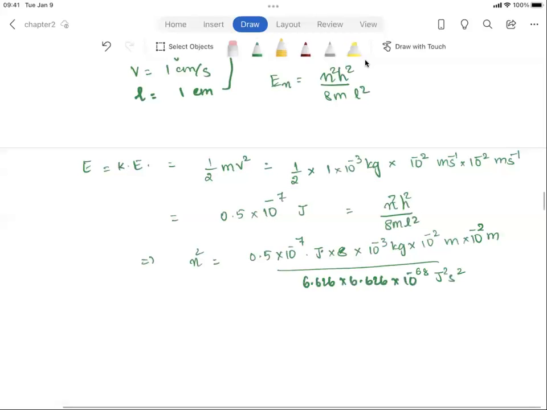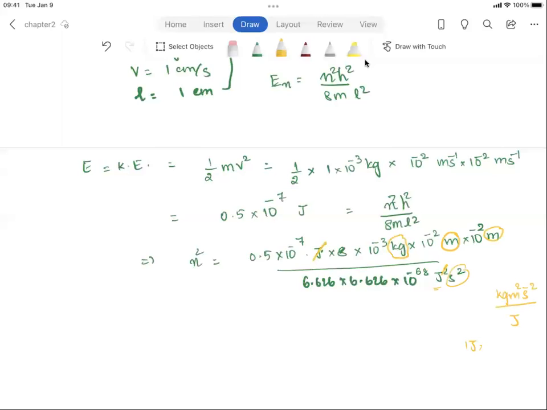So I'm going to cancel out some values. A joule and a joule can get canceled. If we look at the units, we basically have kg meter squared per second squared, and in the denominator we have a joule.